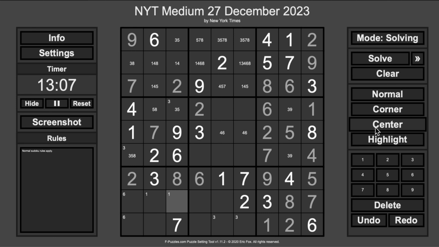The remaining 1, 4 is down there. Let's see. I need 1, 4, 5, 8 to fill out column 2, but neither of these can be 8. So these start with 1, 4, 5, of which this is not 1.